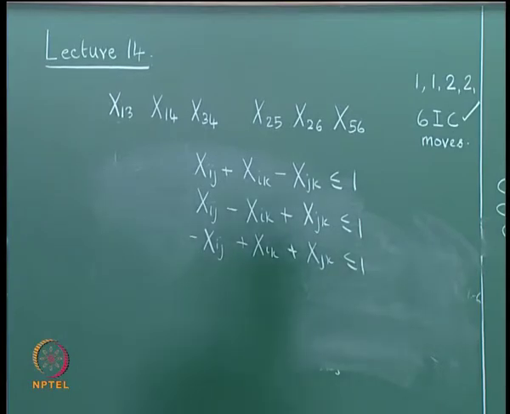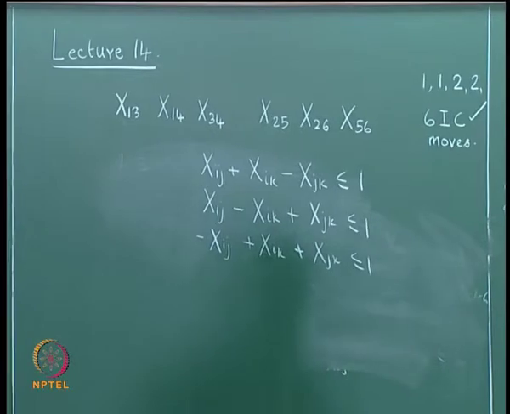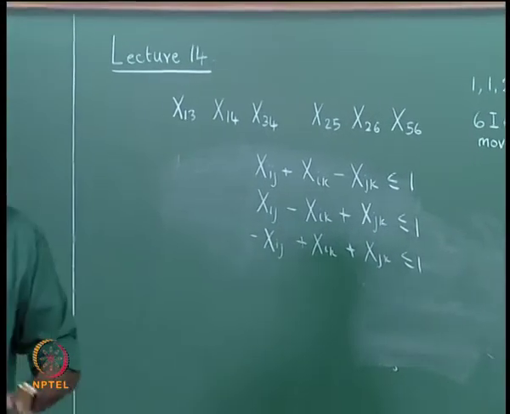Now, let us try and explain this. Now, we want to show two or three things through these constraints.